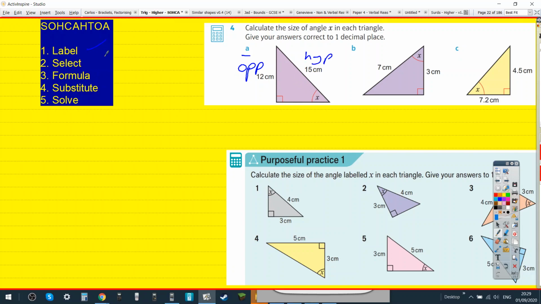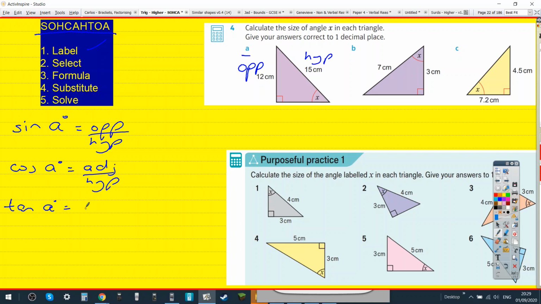And so now you have to select, is it sine, cos, or tan? And we use this SOHCAHTOA to abbreviate it down. So sine of the angle is opposite over hypotenuse. Cosine of the angle is adjacent over hypotenuse.